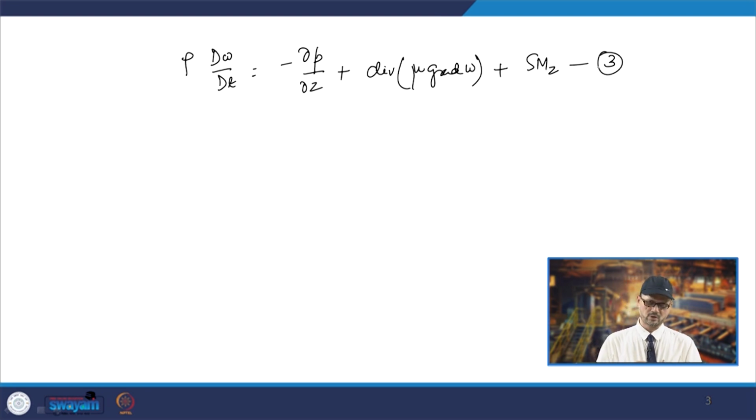Now, if you go for the energy equation also. In the last class we had discussed the energy equations, and for the energy equation which we derived, E was the internal energy component I, plus the kinetic energy, that is half of u square plus v square plus w square.